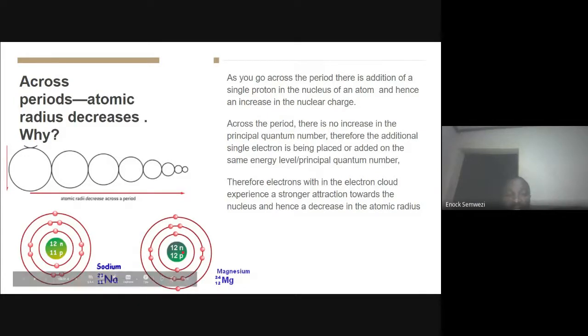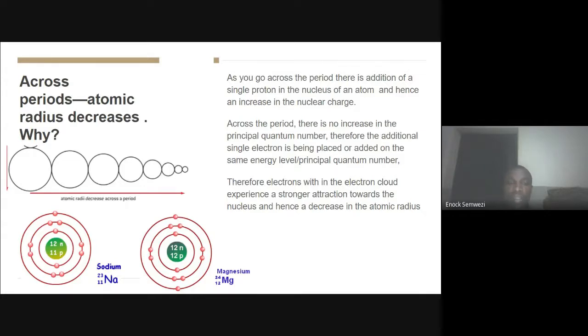Then let's look at another reasoning so that we can get the full explanation. Look at the principal quantum numbers. In sodium this is 1, 2, 3. Then in magnesium it is also 1, 2, 3. So the principal quantum number across a period does not change. What changes? The number of protons in the nucleus increases, and hence there's an increase in the nuclear charge.